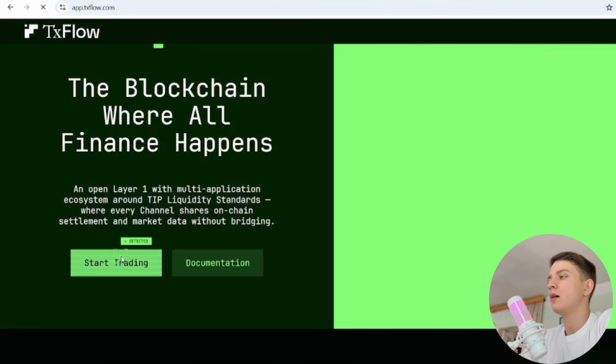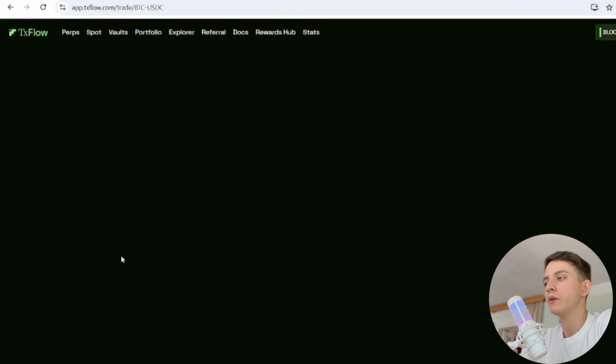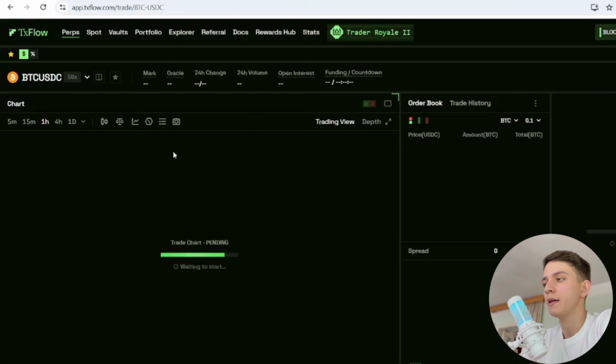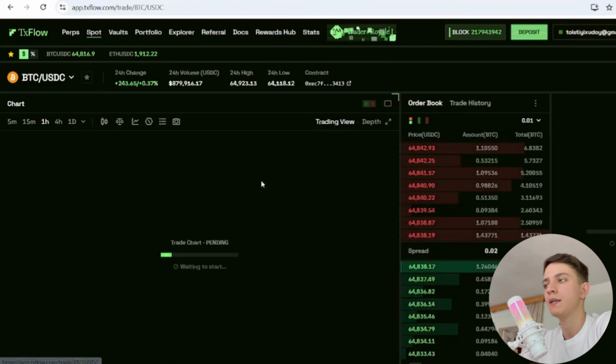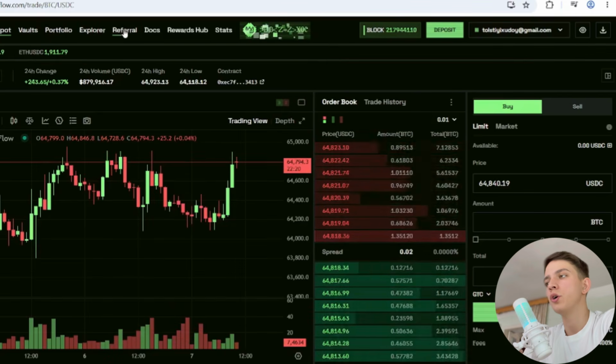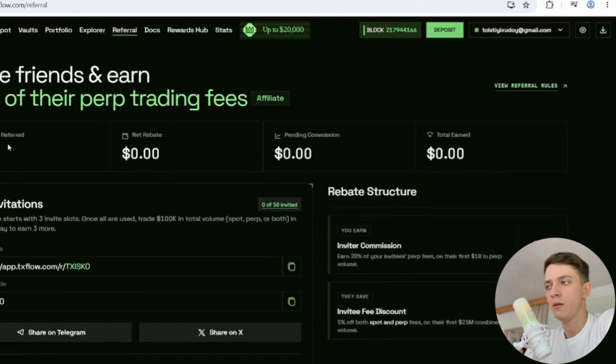And as you can see, first of all you have to register there. There is the option to connect your wallet, or option A. The first one is email: click connect, enter your email and press submit, guys, and a 6-digit verification code arrives in your inbox within seconds. Enter it to log in.